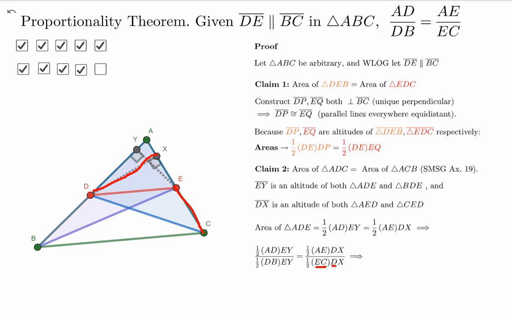Yeah. So 1/2 the base times the height. Again, we've used this equality, but we've rewritten the area formulas to include that altitude. Why? Well, because of course the altitudes are going to cancel. The fractions will cancel. And so we have the proportion that we need.